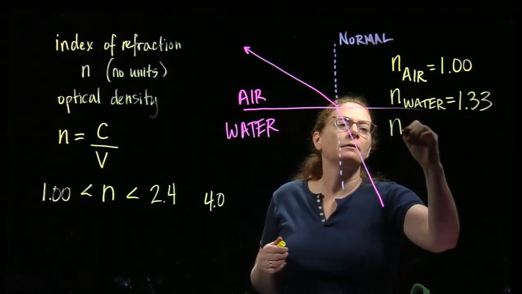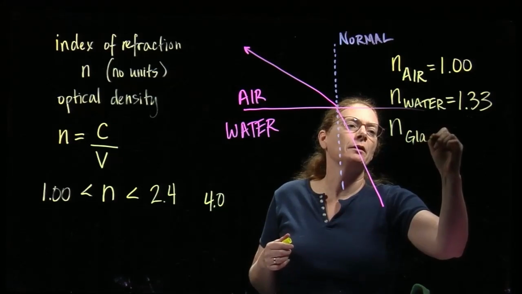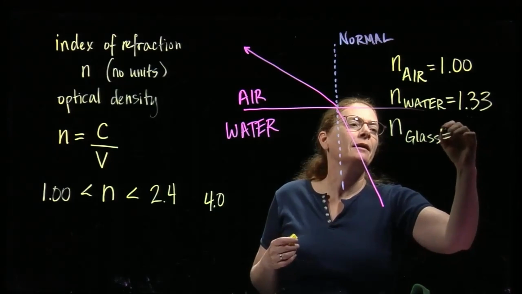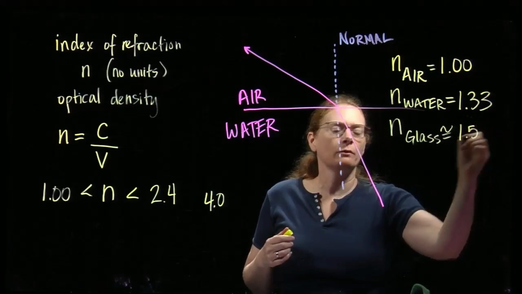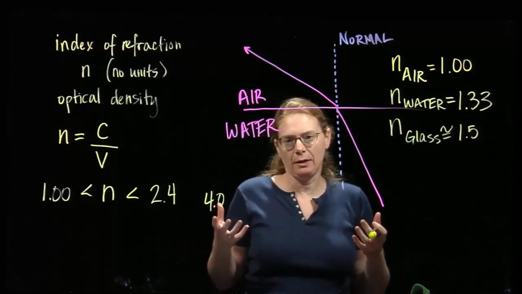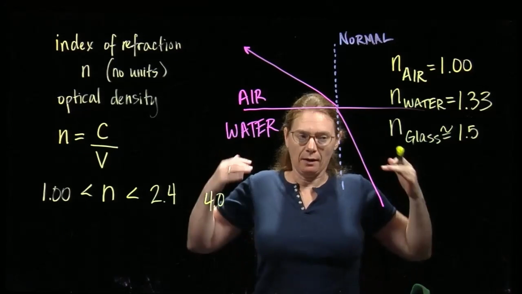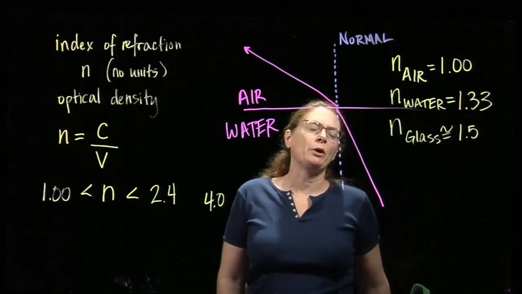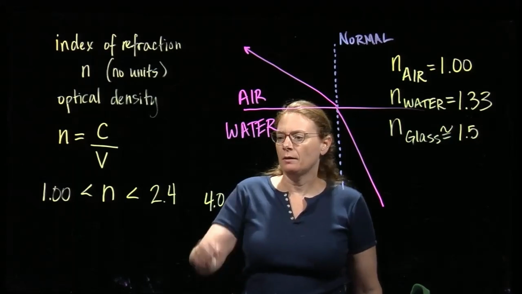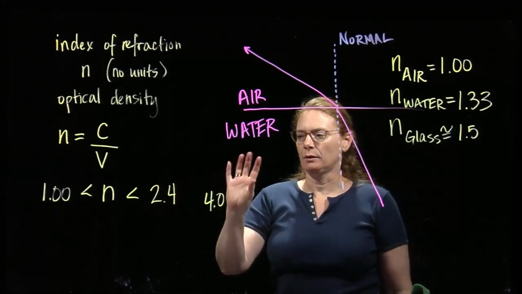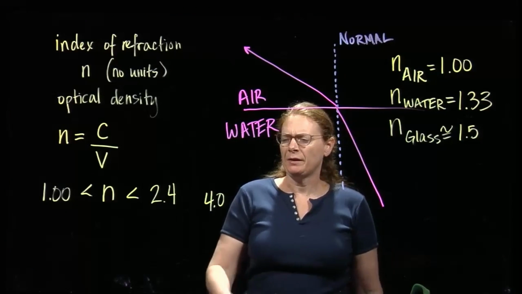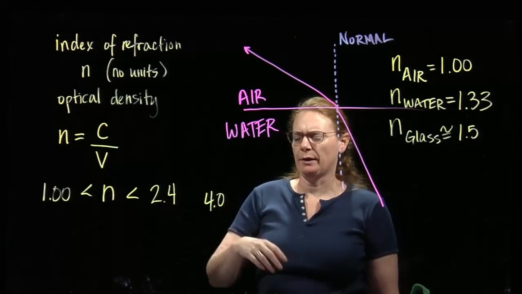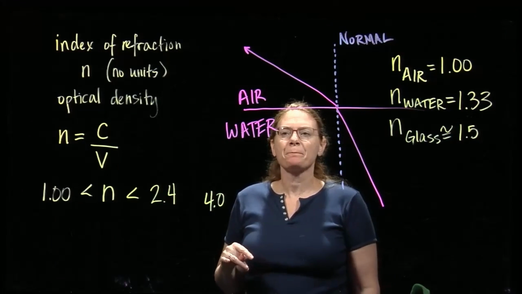And then glass is another one we typically talk about, and that is about 1.5. Because there are different types of glass, you can't say every piece of glass has the same index of refraction, but they tend to be about 1.5. And again, the biggest ones we'll be dealing with are a little above 2. I think diamond is 2.4, and that's probably the biggest one we'll use.